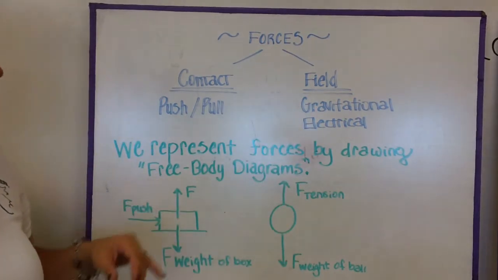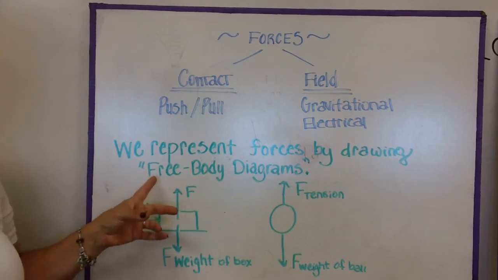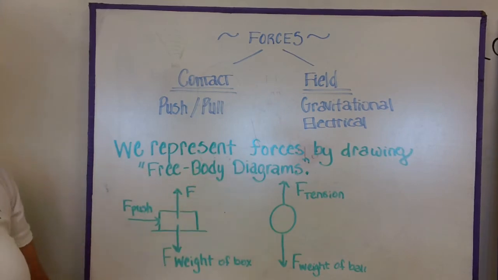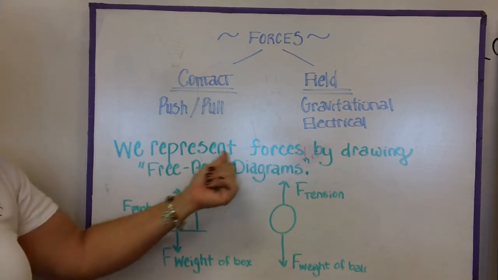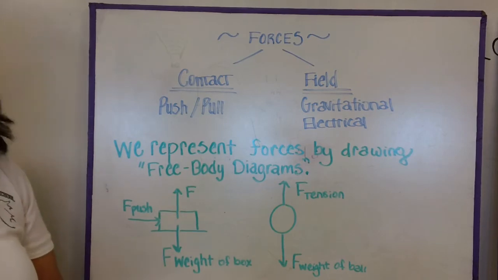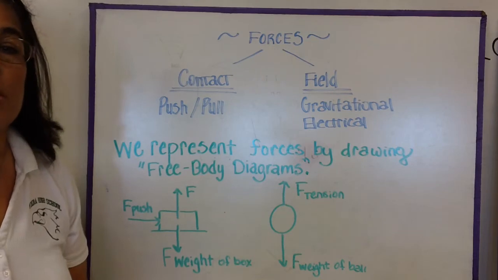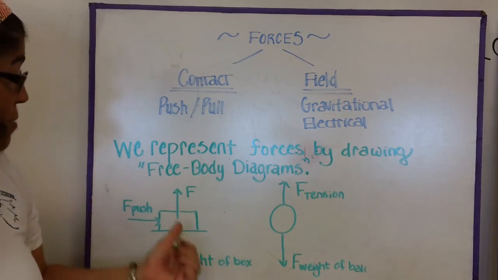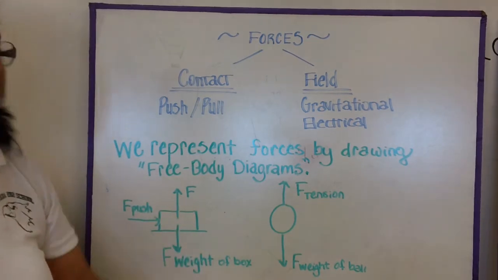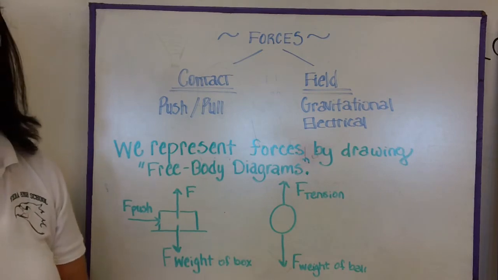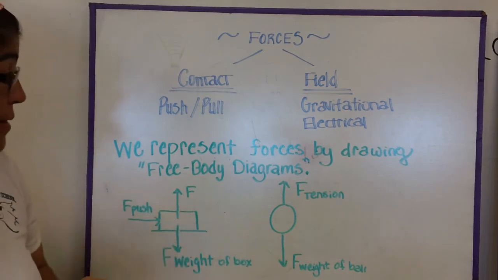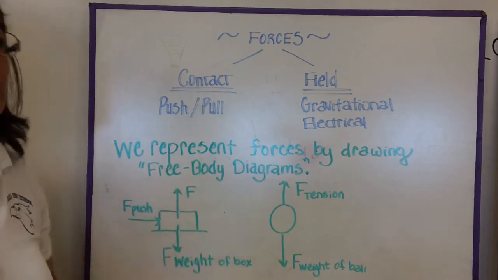The way that we represent forces is by drawing what's called a free body diagram. It can be shortened to FBD. The way that we show these is we take the object, whatever the object is, and we make it just a square or a circle. So if it's a person, the person becomes a rectangle. If it's a car, the car becomes a rectangle.